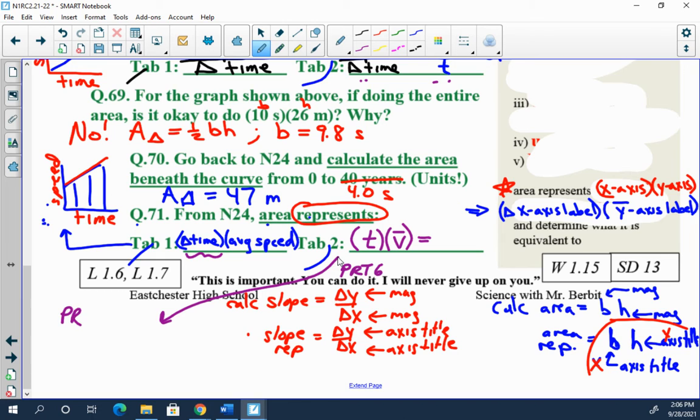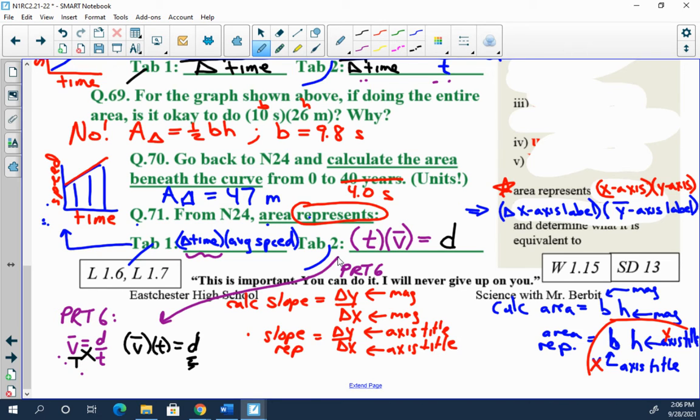On PRT 6, it says V bar equals D over T. Could we rearrange this equation to look like T times V? The answer is yes. How? Cross multiply. The equals is in the middle. This is V bar times T equals D times 1. V bar times T, T times V bar, it's the same thing. What does that equal? D.